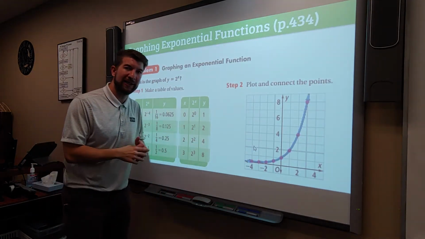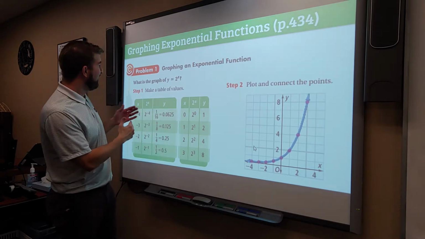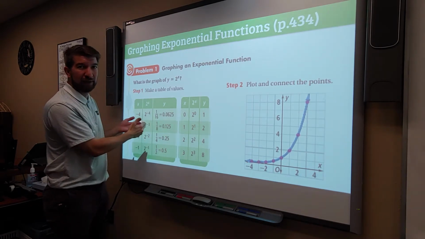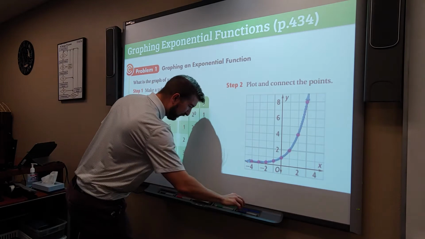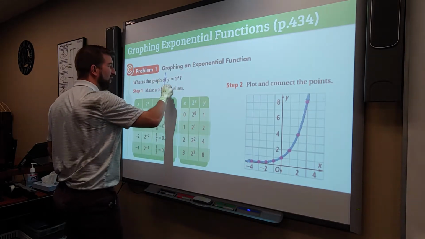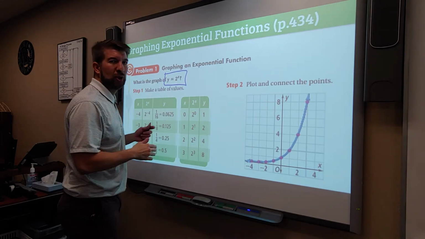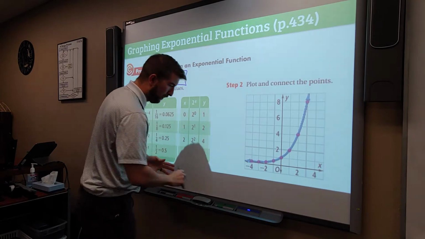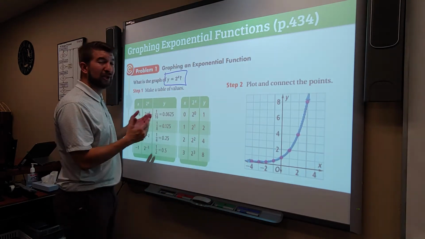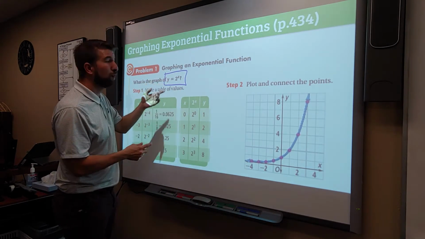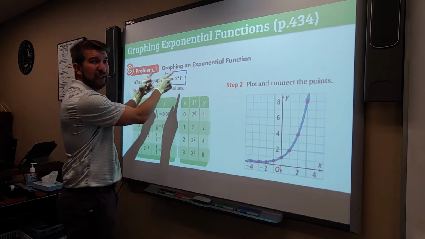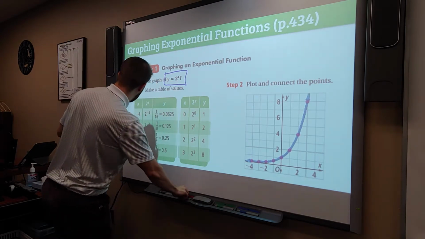There's a couple ways we can identify exponential growth or decay. One of those ways is what I call the long way, and that is by graphing an exponential function. So over here we have this function, y equals 2 to the x power. To graph this, you would need to plug in a number for x and then find the y value. That's what they do over here.